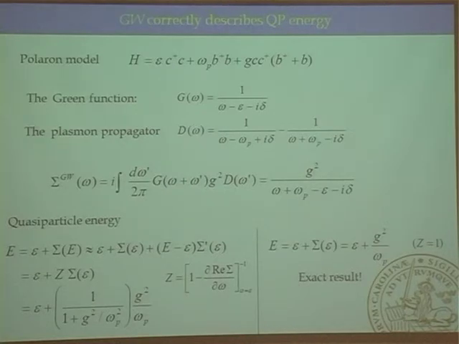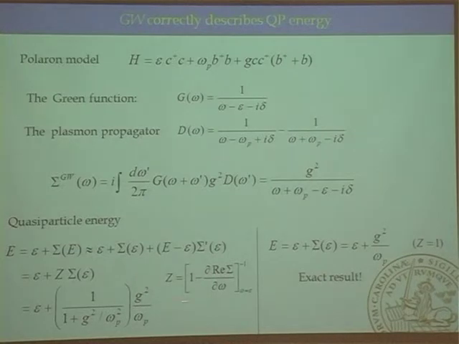This is of course a little bit qualitative because the model is much too simple. But in any case, we can understand a little bit why the GW approximation gives good quasi-particle energies. Also, if the coupling to the bosonic excitation becomes too strong, then this is not a good approximation anymore.